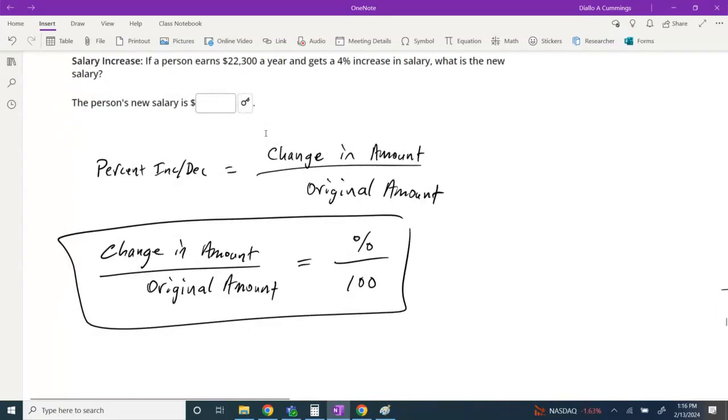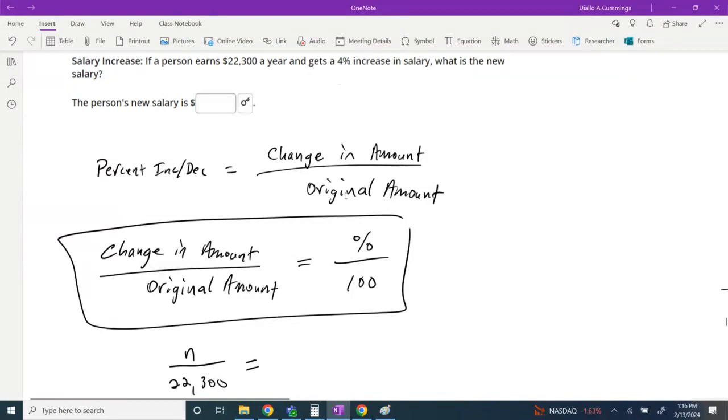All right, so as I set this up, we're trying to find the change in amount. So I'm going to write that as N, that's our unknown, divided by the original amount or the original salary, which is $22,300. And there was a 4% increase in salary.